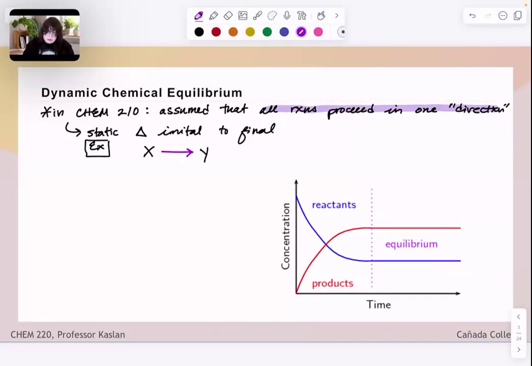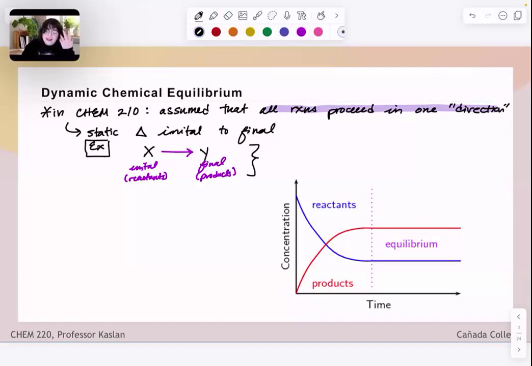We would go from our starting state, our reactants, to our final state, the products. And once X had been converted or reacted to create Y, that was it. Reaction done, reaction over. Like I said, this is a pretty big assumption to make.